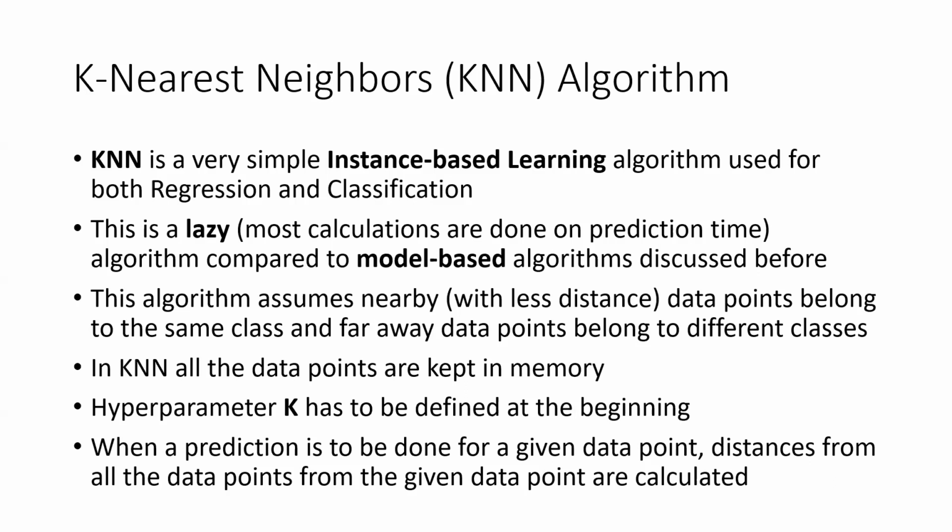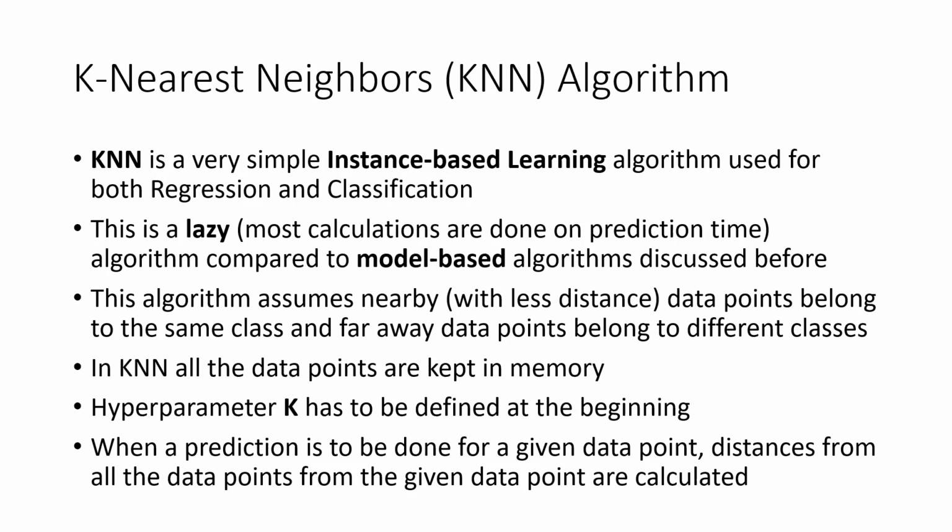But the disadvantage is that you have to keep all the data in the memory, and making a prediction is also computationally expensive compared to most other machine learning algorithms. For example, with linear regression, you just have to keep the parameters of the model in memory. If it is a straight line in 2D space, you just keep the value of the gradient, the slope, and the intercept.